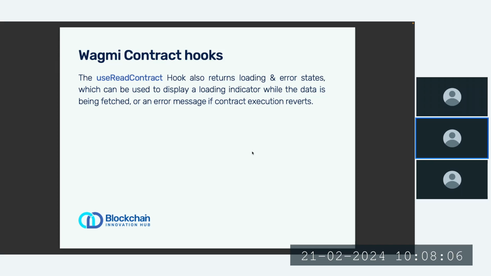Now that state is going to carry a particular error. So as front-end developers, by making use of these loading and error states, you can actually know when to return a modal at any point. You know when to throw an error message for the user. Now, this can be used to display a loading indicator while the data is being fetched, or an error message if contract execution reverts. So that was the explanation of useReadContract.